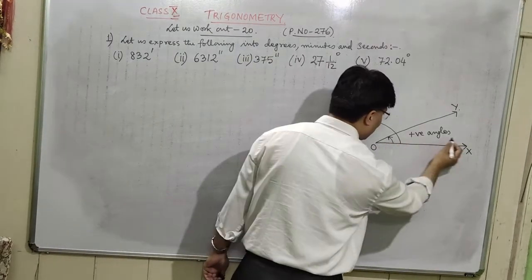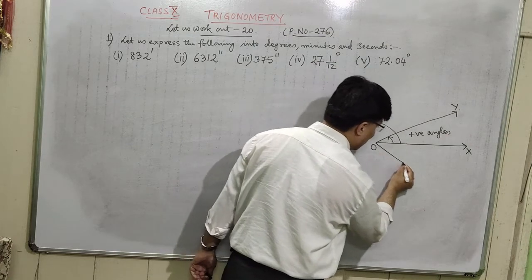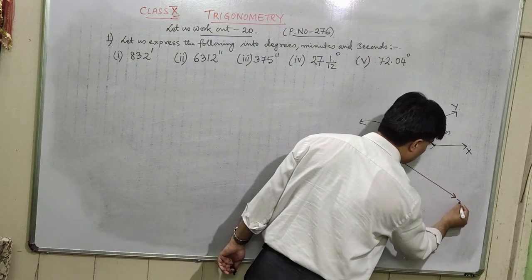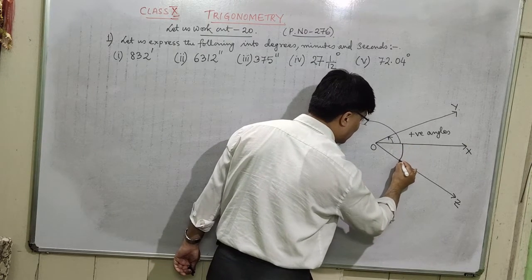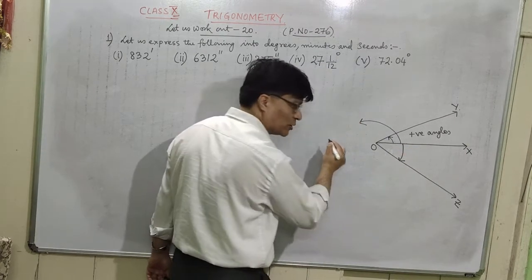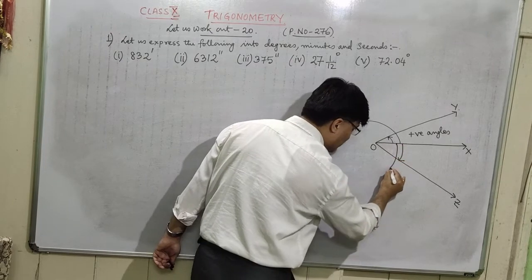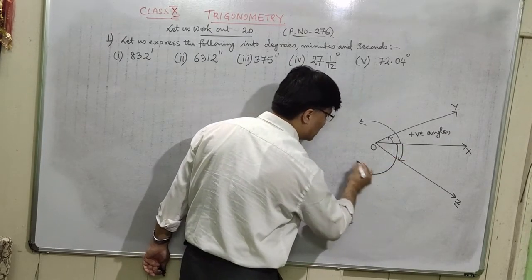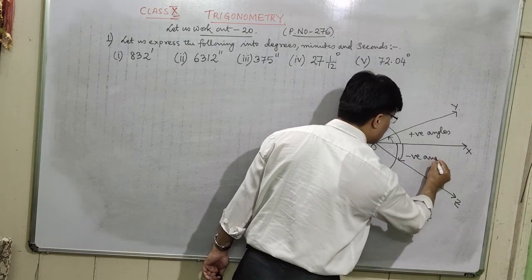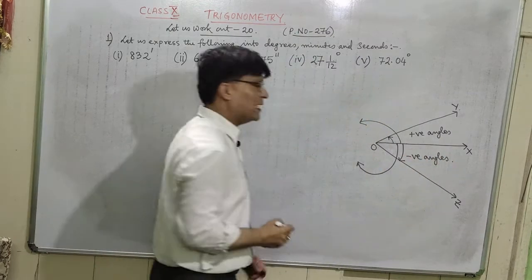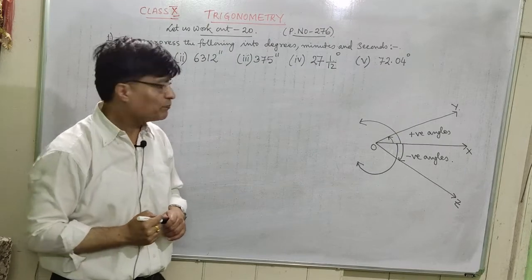Suppose OX revolves and traces out another angle downward here. Suppose this is OZ. Now it is revolving in clockwise direction. So this is known as what? Negative angles. Okay?